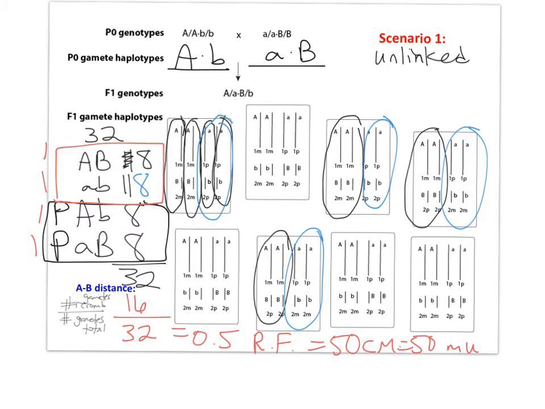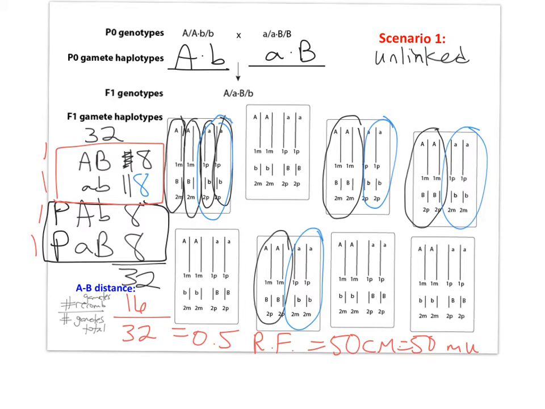Yes, in theory, 50 centimorgans is the largest genetic distance you would ever see. We're going to see in the next scenario why that is.